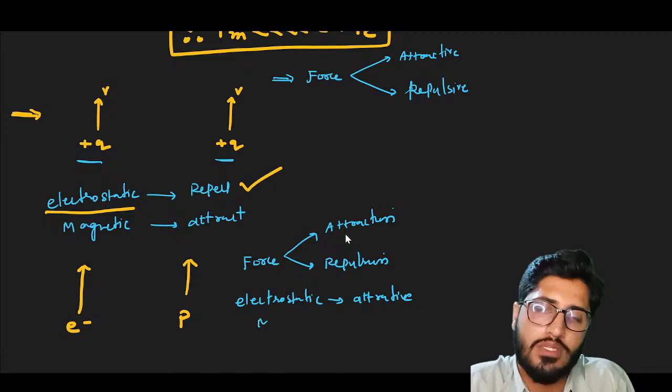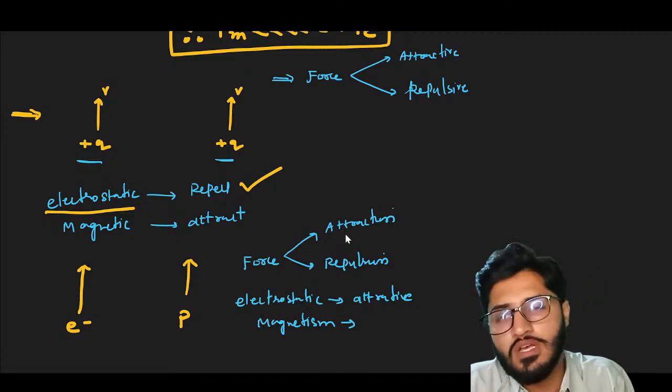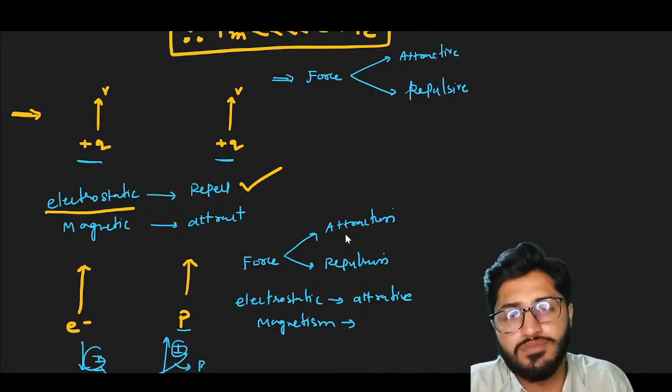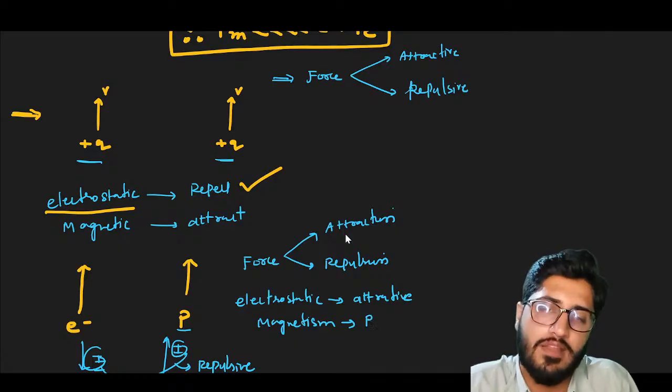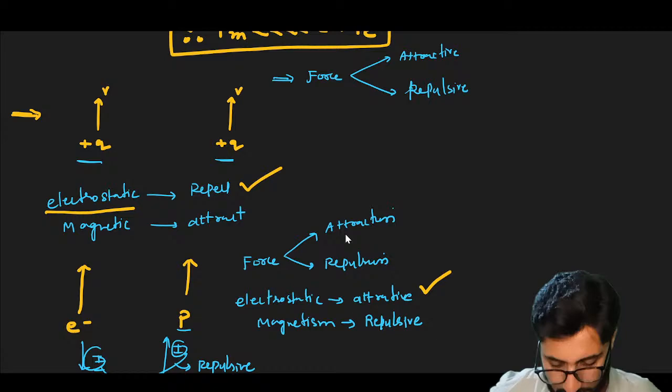If we are talking about magnetism, look, the electron going upwards means current will be downwards, and the positive going upwards means current will be upwards. Look, different directions of current. So according to the magnetism concept, it is repulsive. But what is the final answer? My final answer is attractive. Why? Because electrostatic is the dominant one.